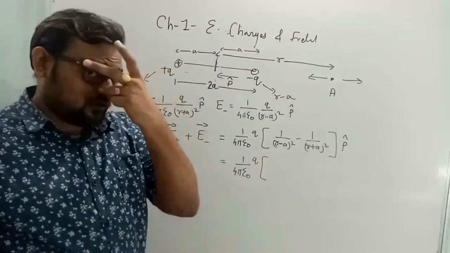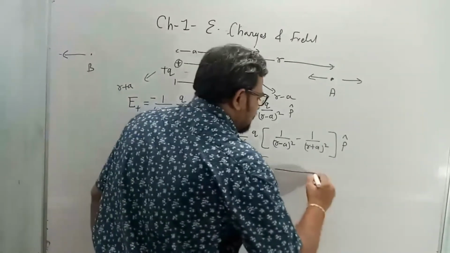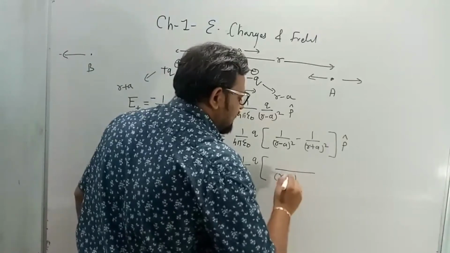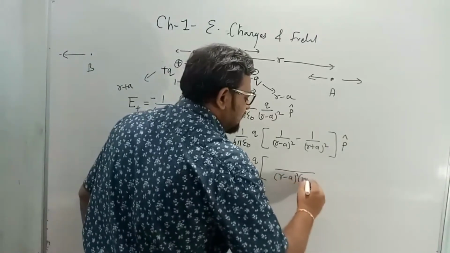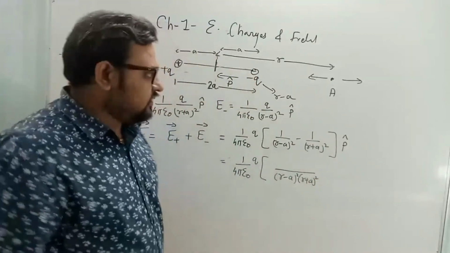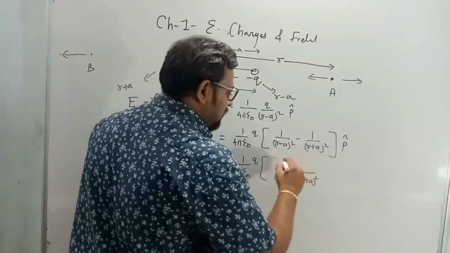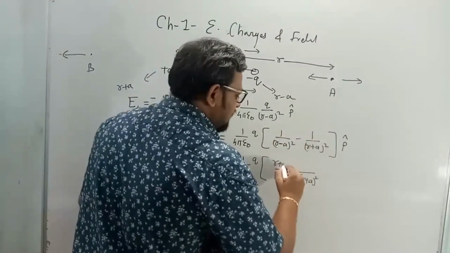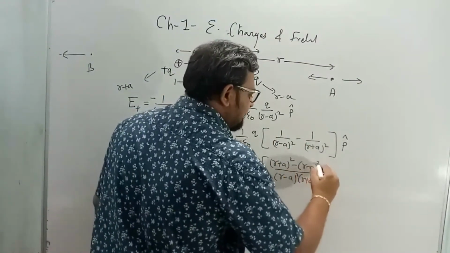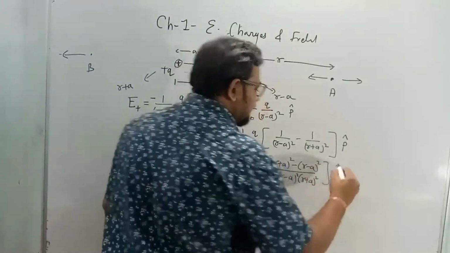When I solve it, we will get r minus a whole square, r plus a whole square. Okay? r plus a whole square minus r minus a whole square, p.